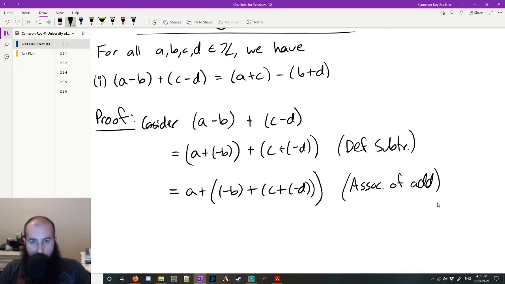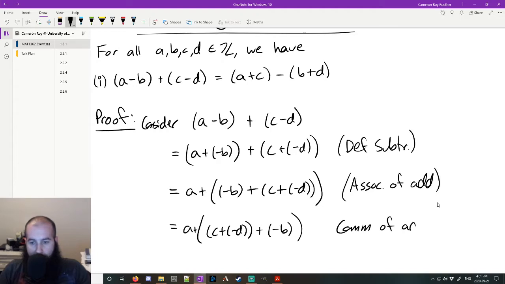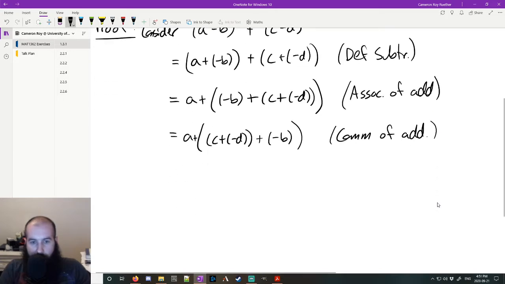Now, let's swap these two with commutativity. A plus commutativity of addition. Now I'd like to use associativity on the brackets on the inside.